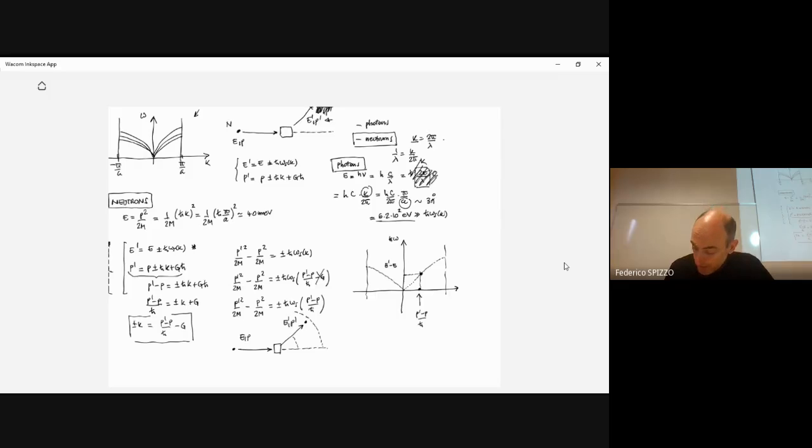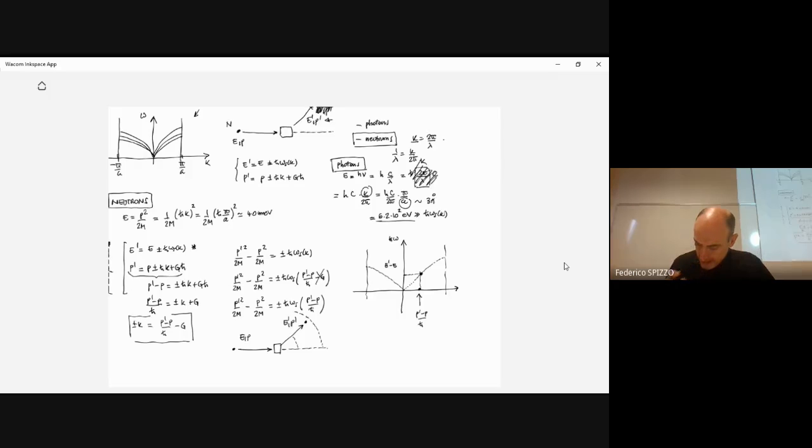In particular, how may we distinguish one branch from another branch? The branches represent a situation where, for a fixed value of p prime minus p divided by h bar, you expect to find different values for the phonon energy.